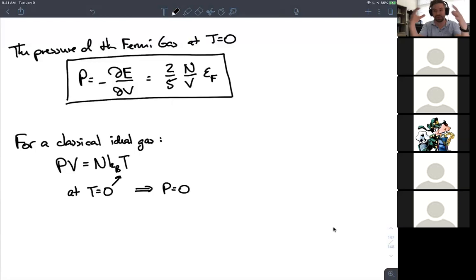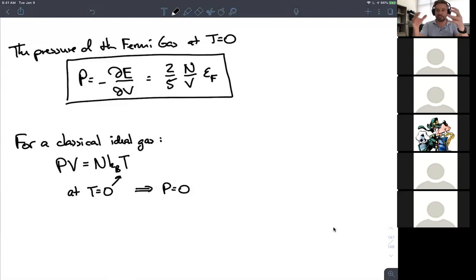What that corresponds to is that the temperature corresponds to the kinetic energy of your gas molecules. As the temperature decreases, that kinetic energy decreases, and at T equals 0, there will be no more kinetic energy. In other words, classically, at T equals 0, the atoms and molecules will be completely stationary.